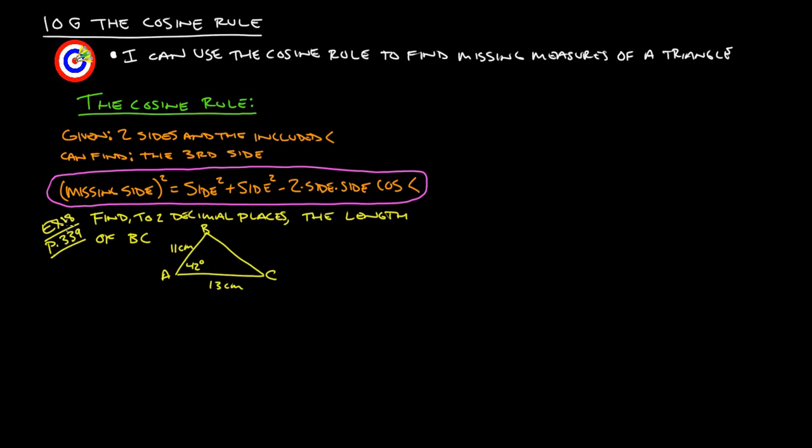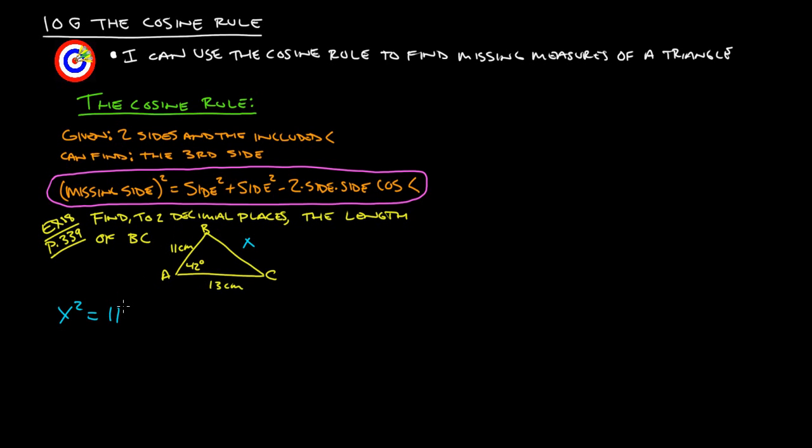So this is example 18 from page 339. Let's find, to two decimal places, the length of BC. So that's this missing side over here. The missing side squared, instead of question mark, let's call that x. So x squared is going to equal one side squared plus the other side squared.